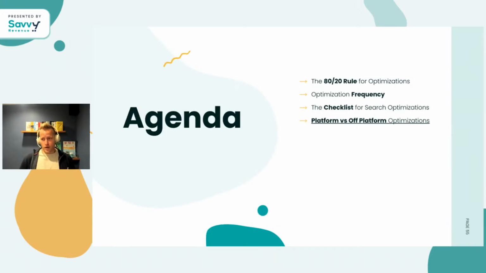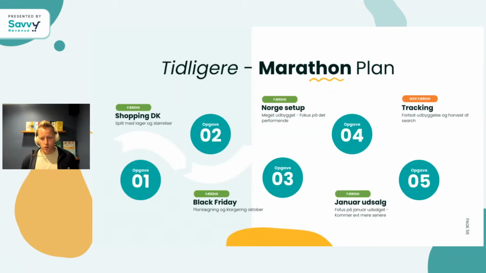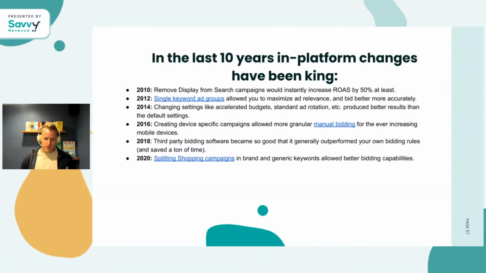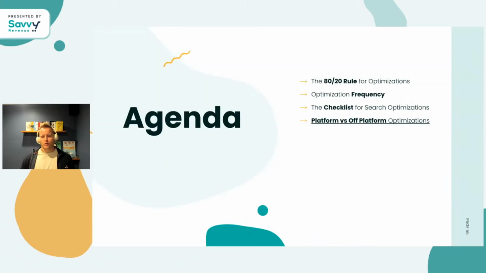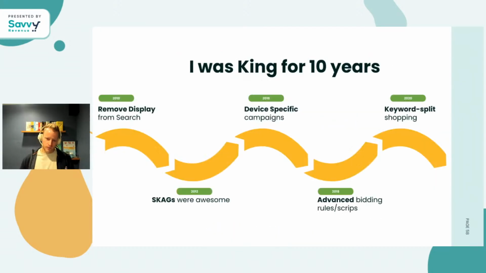The last thing I want to talk about is something that's near and dear to my heart, platform versus off-platform optimizations. So we've talked a lot about these things with smart bidding taking over our job.